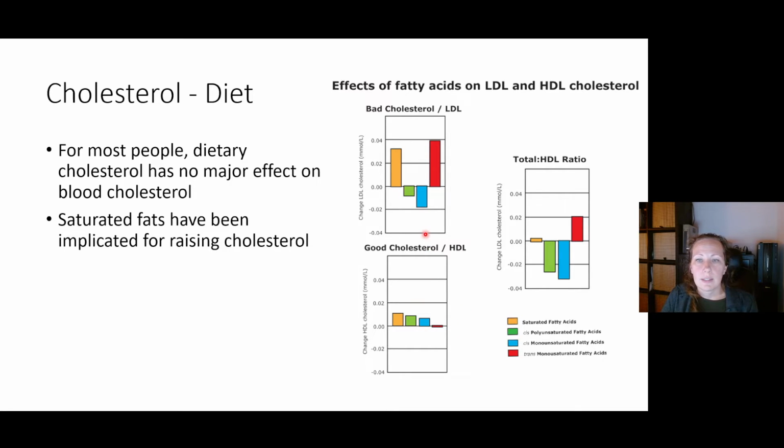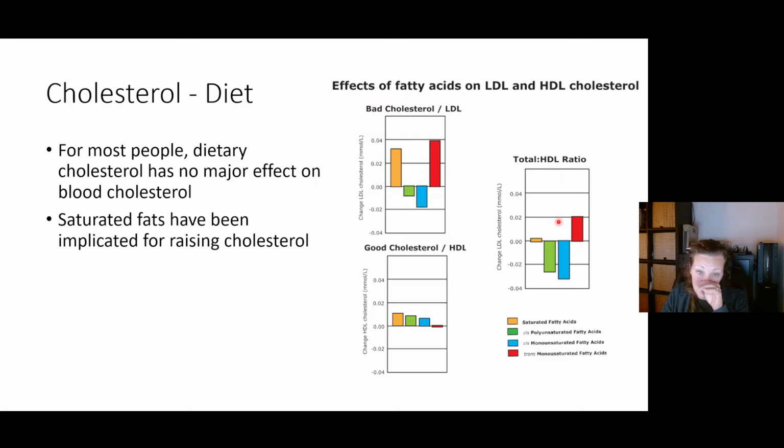Now, what tends to actually be more important than the level of one or the other is the ratio. So this total to LDL, it means the total LDL to HDL ratio, not total cholesterol. So the saturated fats don't change the ratio.